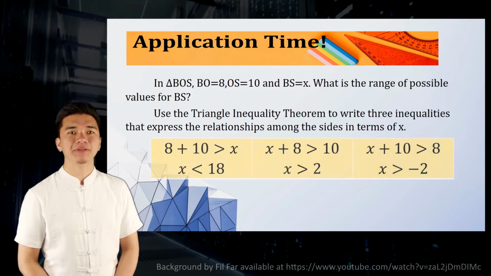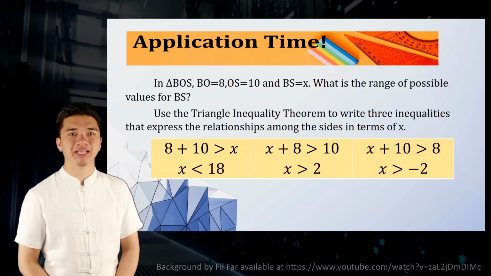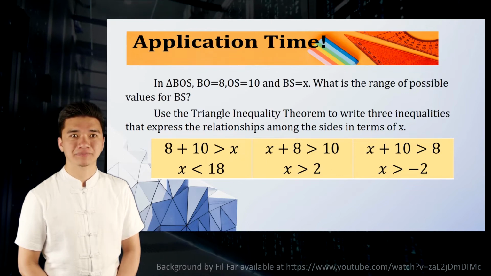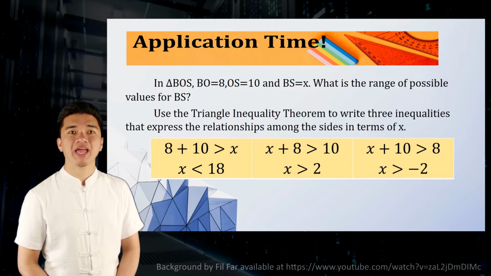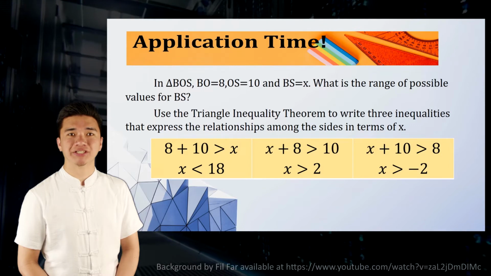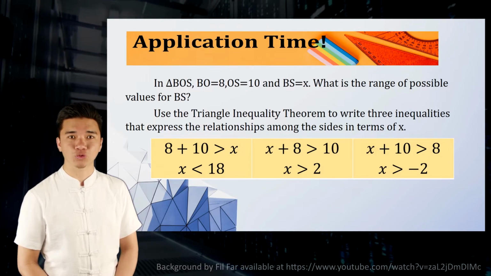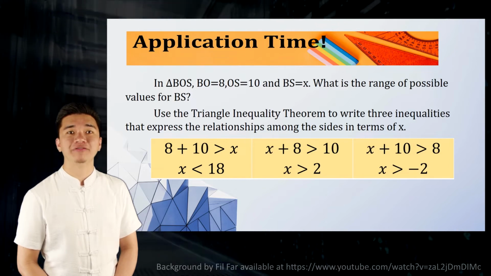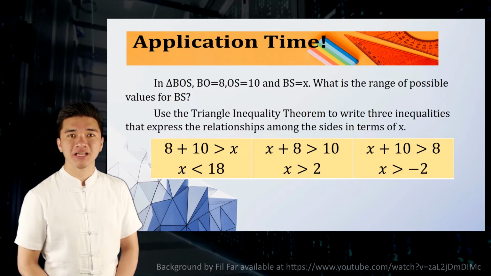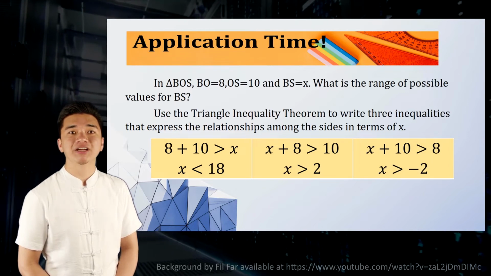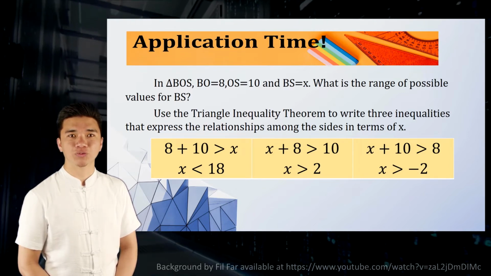We have 8 plus 10 is greater than x, which makes x less than 18. We have x plus 8 is greater than 10, which makes x greater than 2. We have x plus 10 is greater than 8, which makes x greater than negative 2.